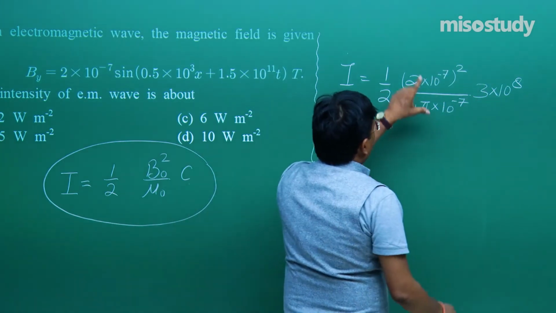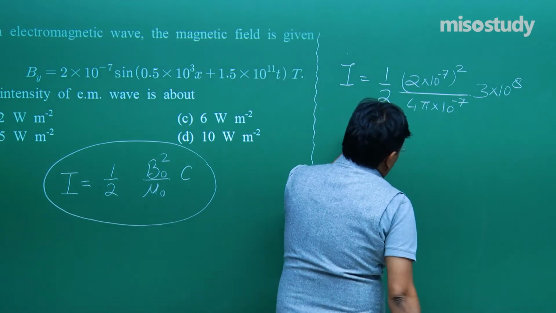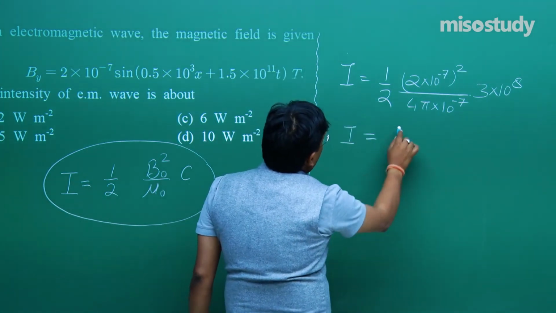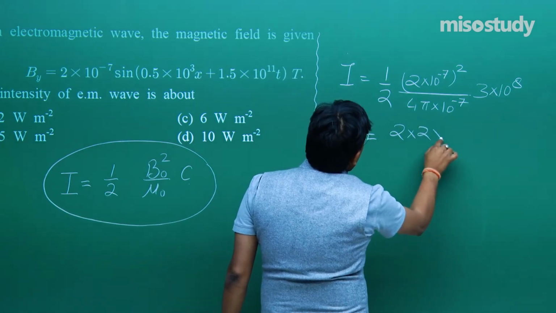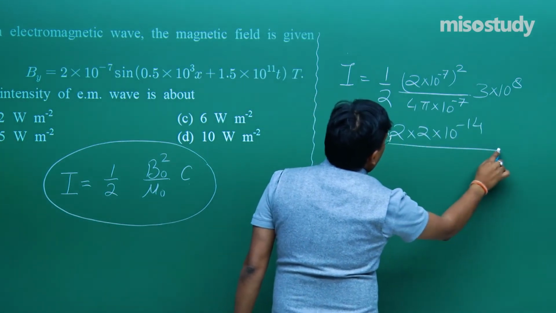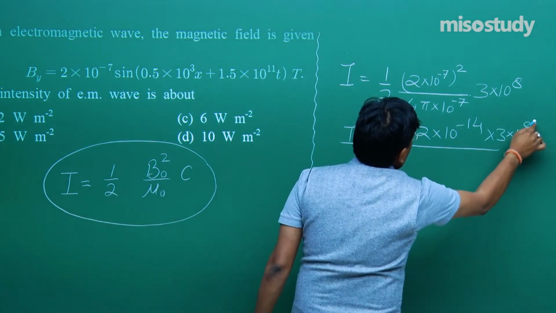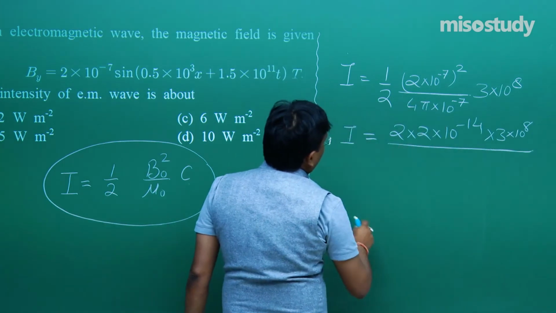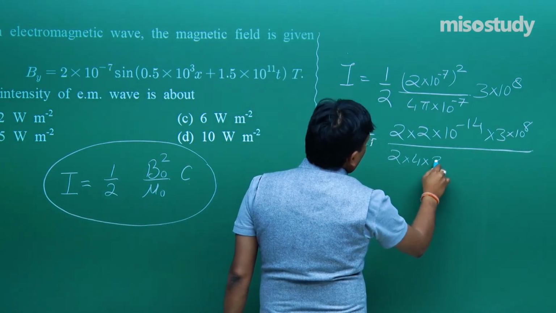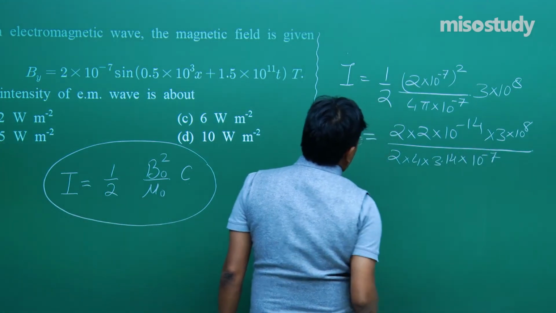Okay. So now it is in totality the final expression, and if you solve it, you will easily get the value as 2 into 2 into 10 to the power minus 14, and 3 into 10 to the power 8 also, upon 2 into 4 into 3.14 into 10 to the power minus 7.